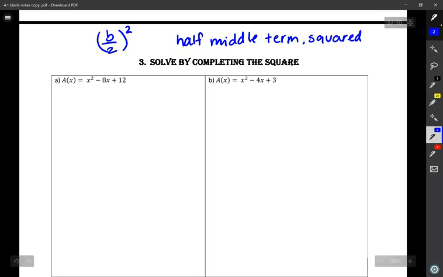So in this case, what we see is, normally we'd have y equals, but if we're solving for something, remember solving says that I want to know where it's crossing the x-axis. So you want to know when your y value is 0.